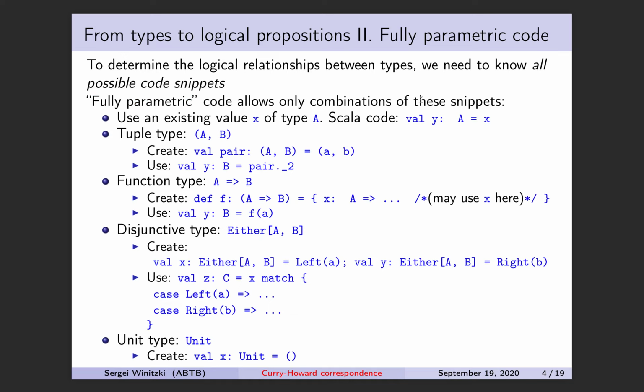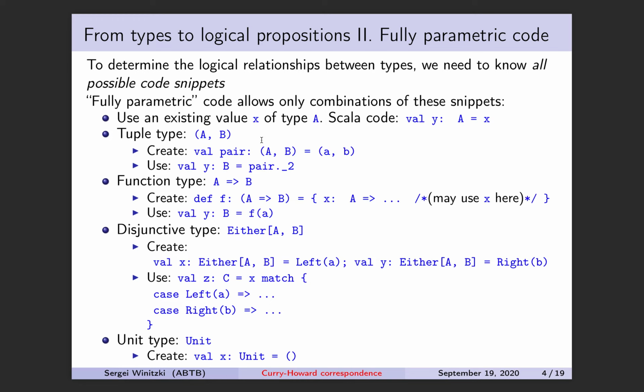So what are the possible code snippets that are fully parametric? Well, obviously, you need to give some value of type, say, A, and then once you have that value in your function as a parameter, you can use that. So for example, you can write code like this: val y = x. That is kind of a trivial piece of code, but you're allowed to do it. So you can use an existing value of type A. You can use it any number of times.